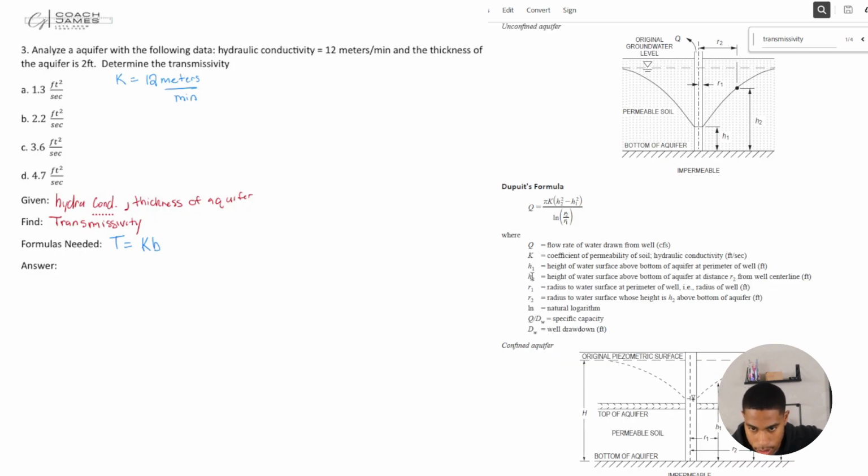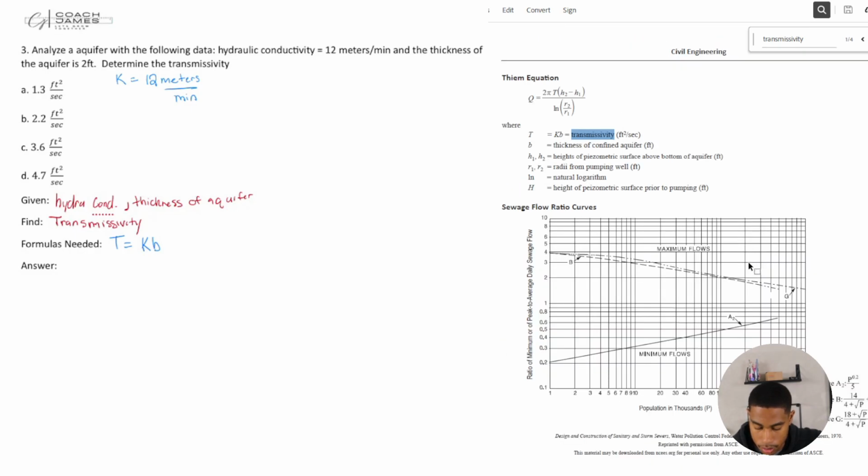All right, that's what K, this coefficient, typically is in. So how do we get this in feet per second? We can do a unit conversion.